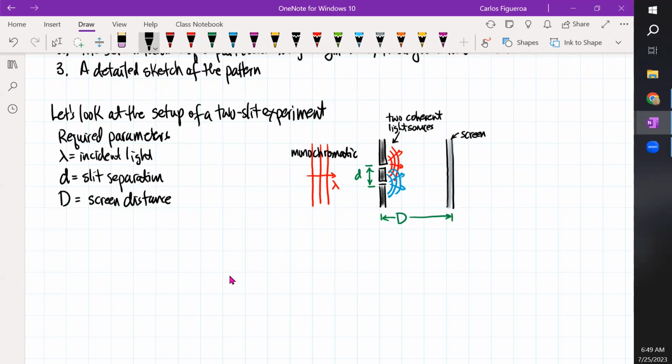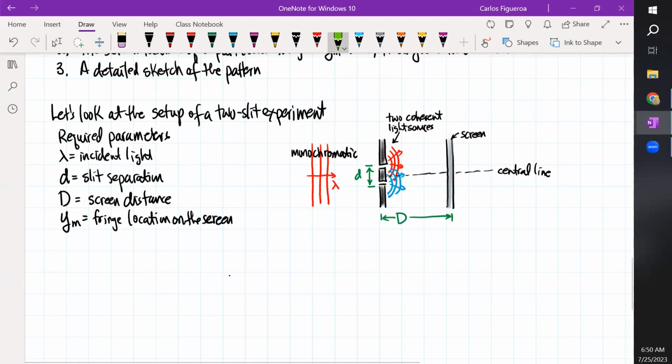Now, everything is going to be measured relative to what I'll call the central line. And the next thing is my fringe location on the screen. So at some point, I'm going to have a fringe.